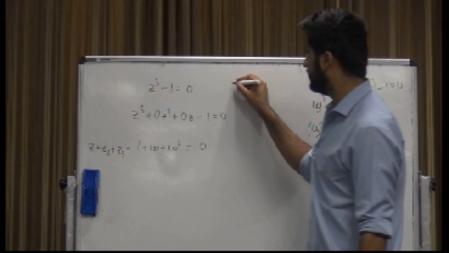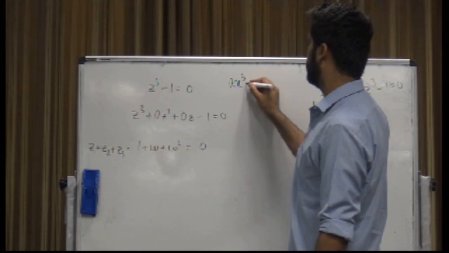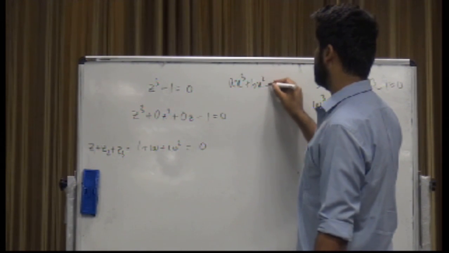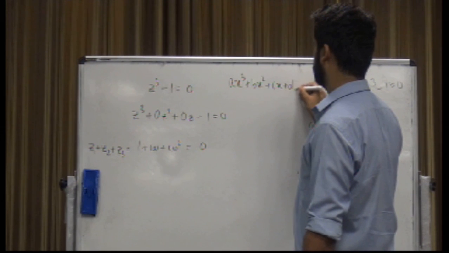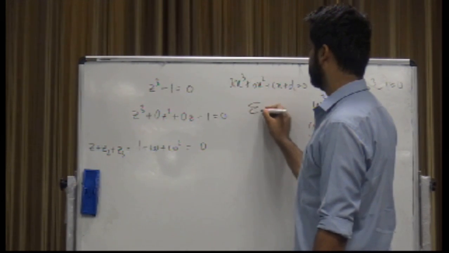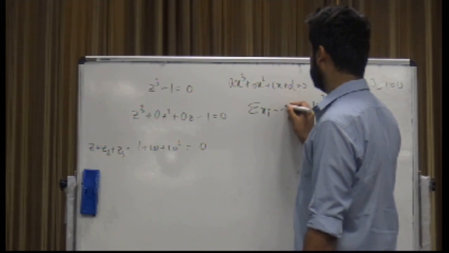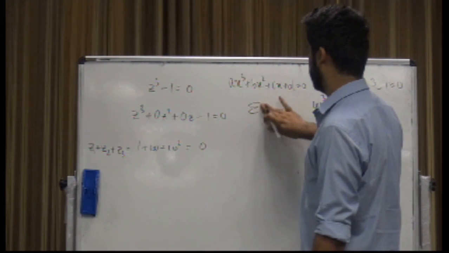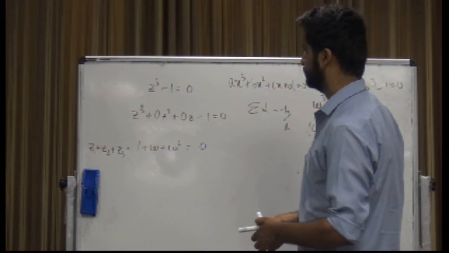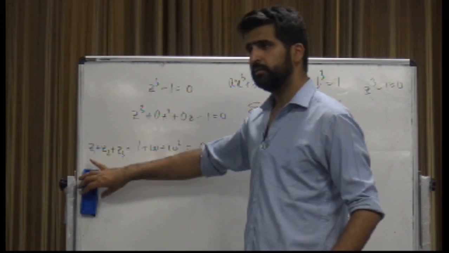How am I getting this? Because in a cubic equation ax cube plus bx square plus cx plus d, the sum of roots is equal to minus b by a. Remember this.